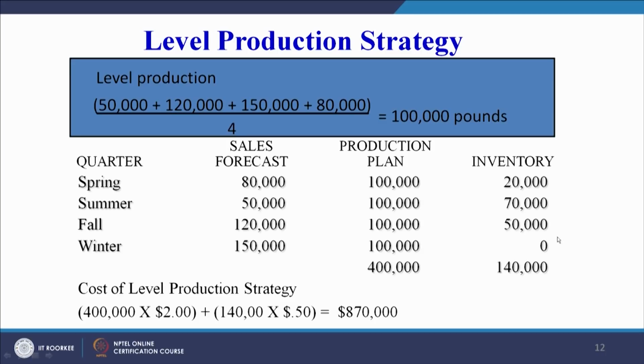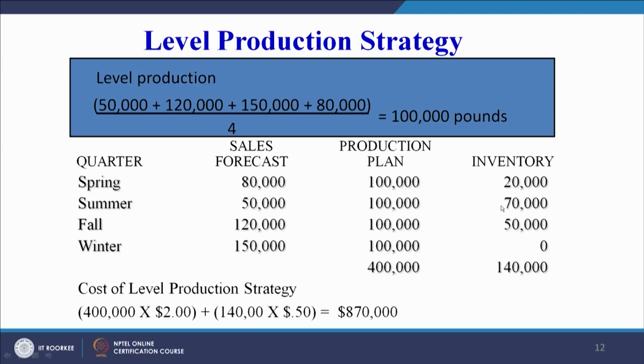But we are managing the inventory. In spring the forecast was 80,000, but we have produced 1 lakh, so 20,000 goes to inventory. Similarly, in the second quarter, the forecast was 50,000, but using level production we produced 1 lakh, so the inventory is 70,000: 20,000 produced here and 50,000 extra produced here.